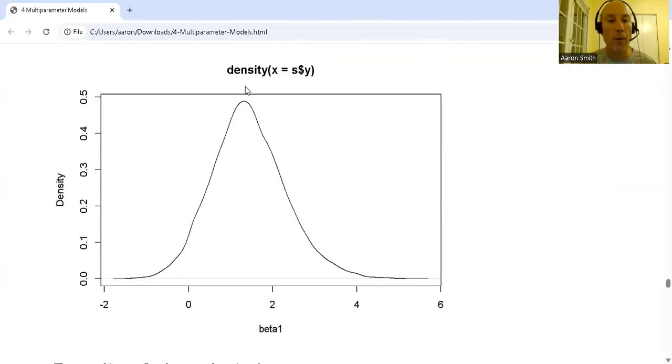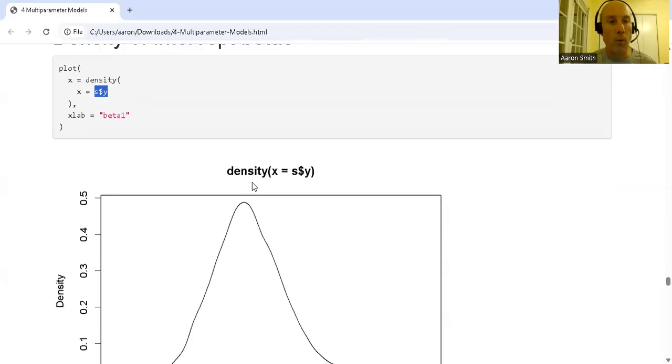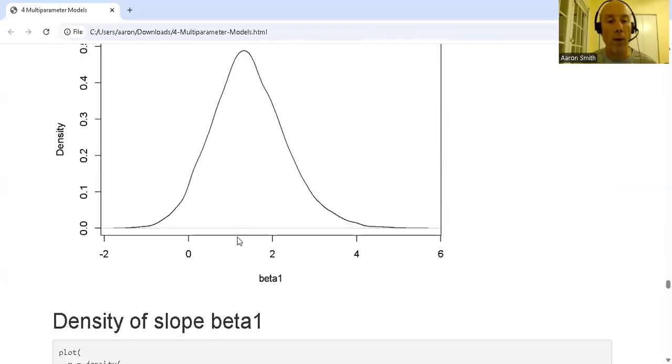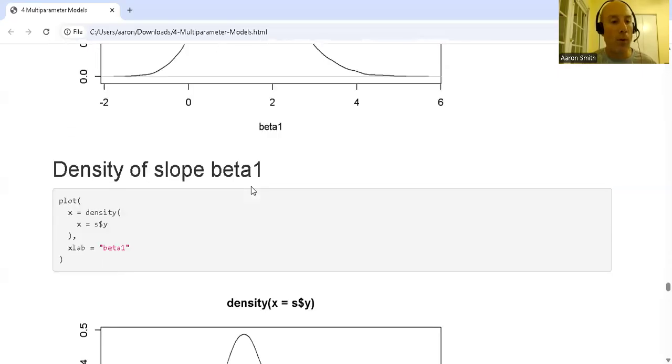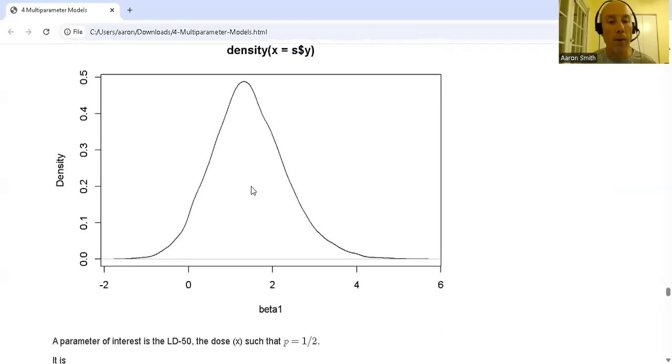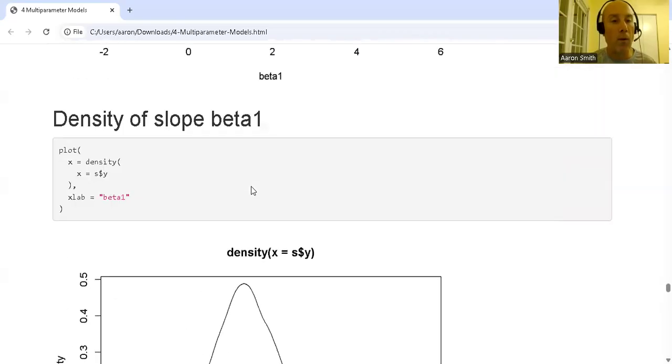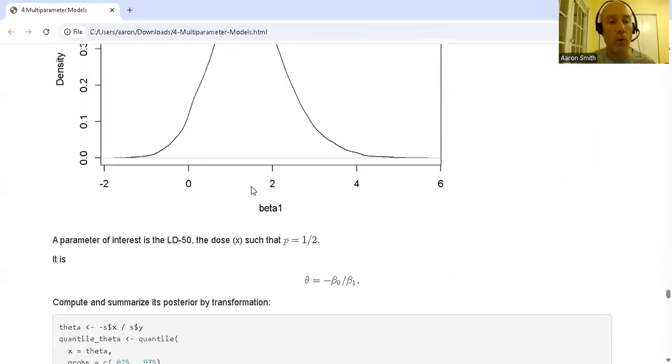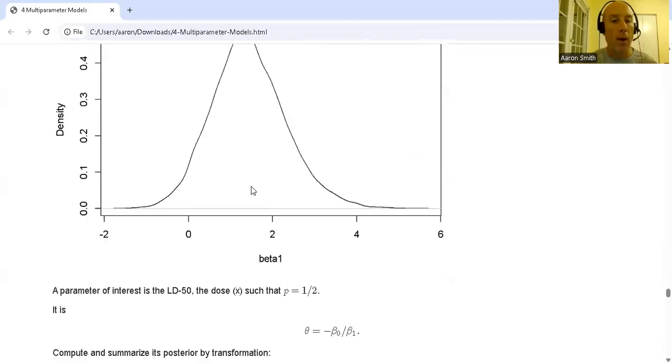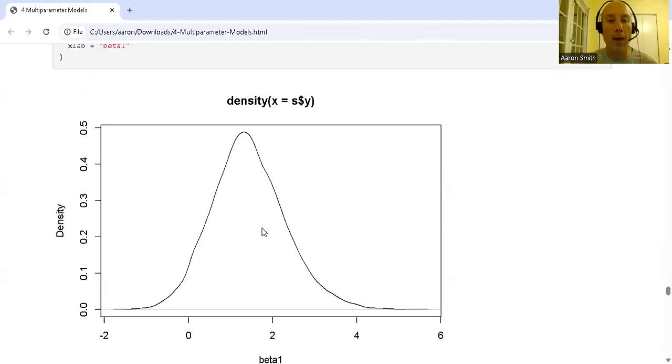This one's for beta one. I can see that it's somewhere around one. I meant to have beta one and beta zero, but I only have beta one, so we're going to keep on rolling with it. All right, so I've got a probability distribution for the beta one now.